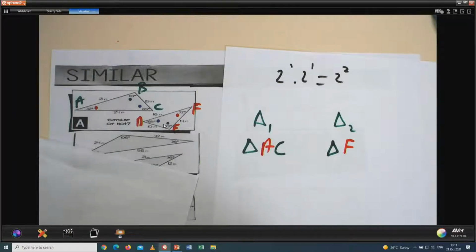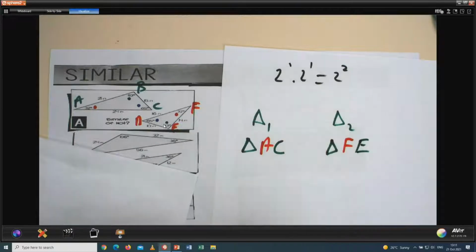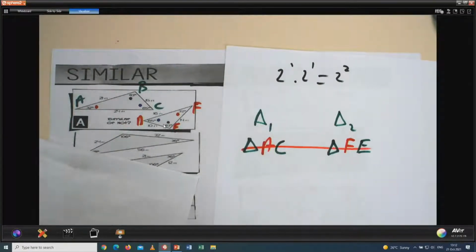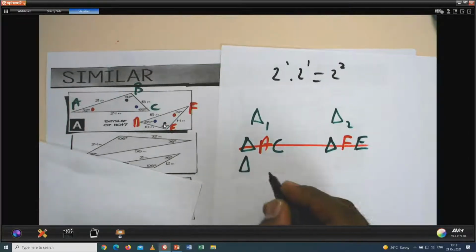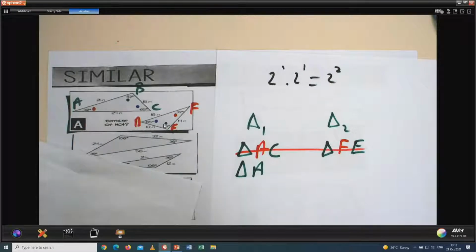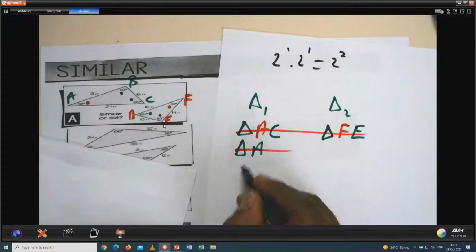It's your E. Sorry, my color blindness. A is red, it's clearly red. Okay, this might be confusing, but let's just use one color.